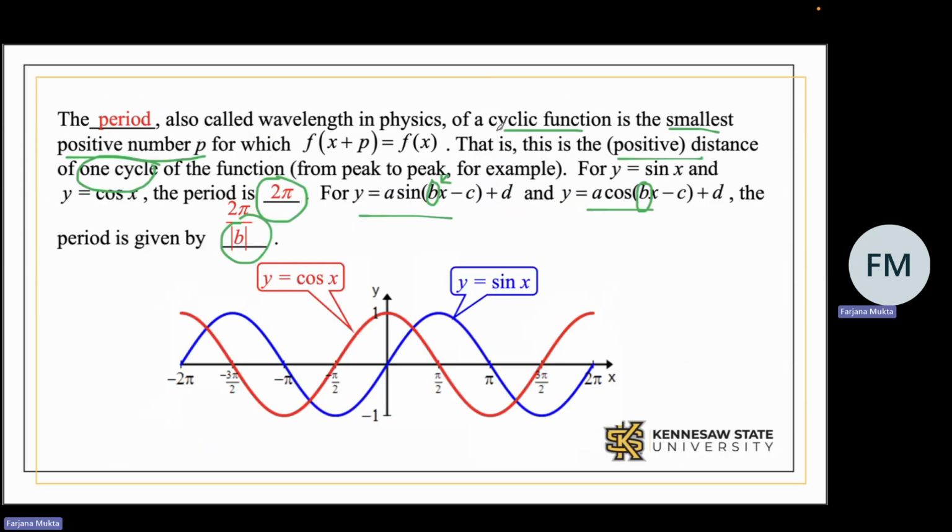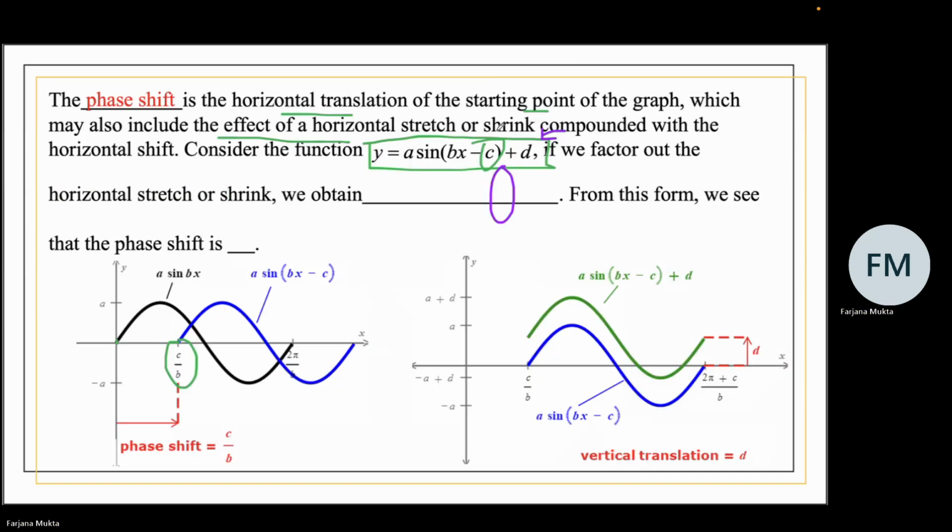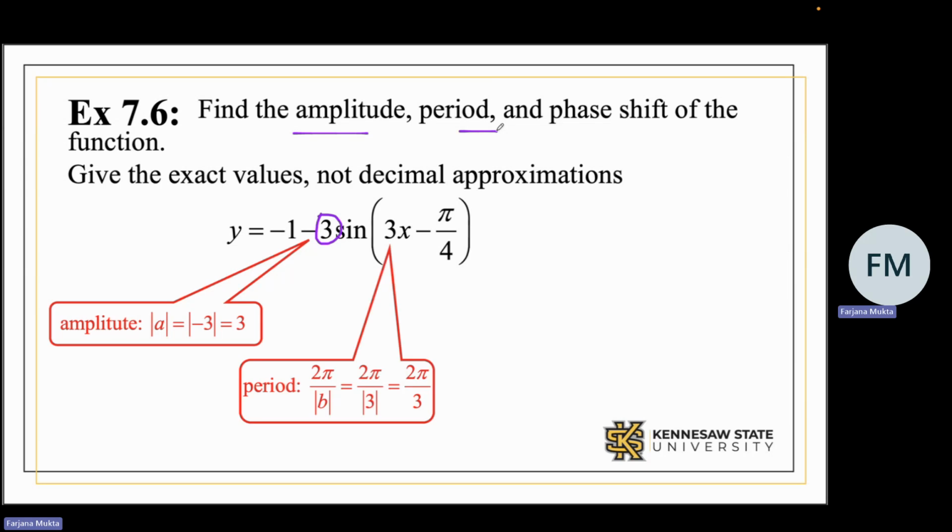The period was 2 pi over the absolute value of b. Since one full cycle for the parent function is 2 pi, for the transformed function we divide 2 pi by the horizontal shrink or stretch, right? Here we have 3 as the horizontal shrink or stretch constant, so we divide 2 pi by the absolute value of 3. So 2 pi over 3 is our new period.